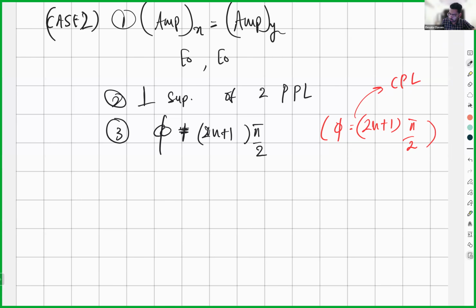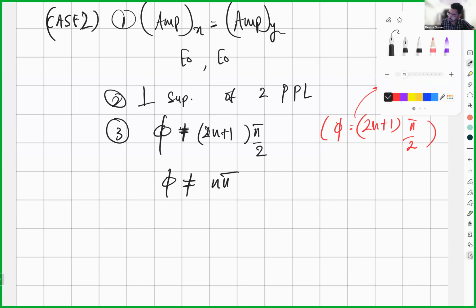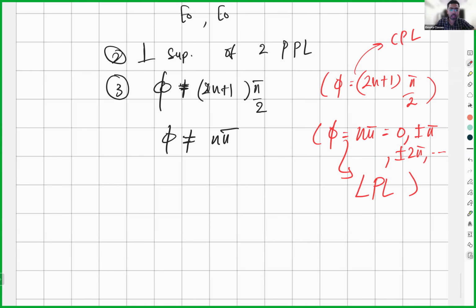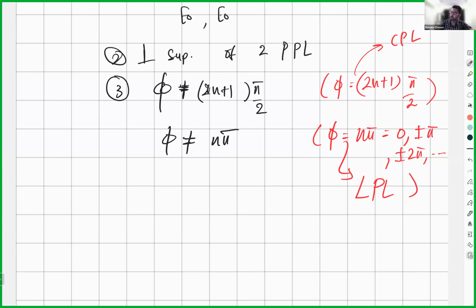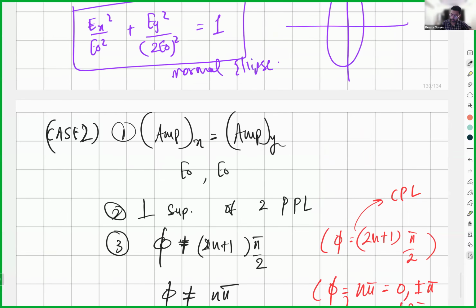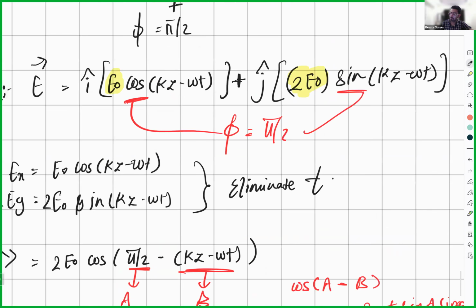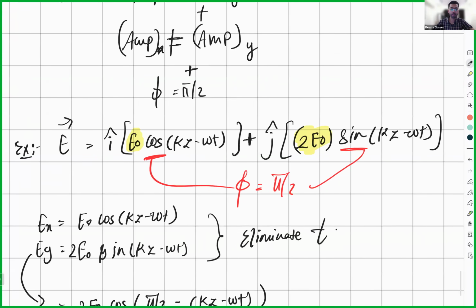It should also not be equal to n pi, because for phi equal to n pi, that is 0, plus minus pi, plus minus 2 pi and so on, for all these values, I get a linearly polarized light. Because you imagine that in the Ex and Ey, I have a phase difference of, let us say, 2 pi.